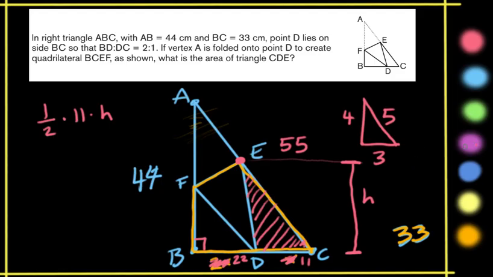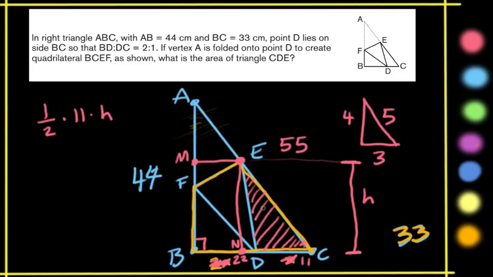We need a line here that is parallel to this base, and that's going to give us a similar triangle with this. Maybe we can name this one M. And then we also need to drop a line straight down here. Well, it's not very straight, but you get the idea. Let's call that one N there.